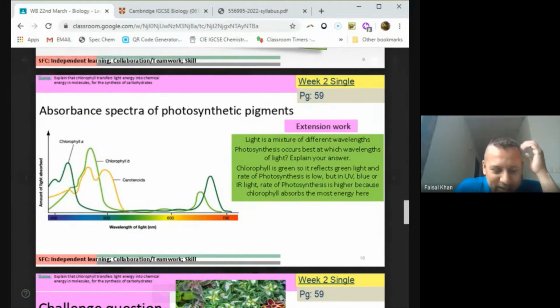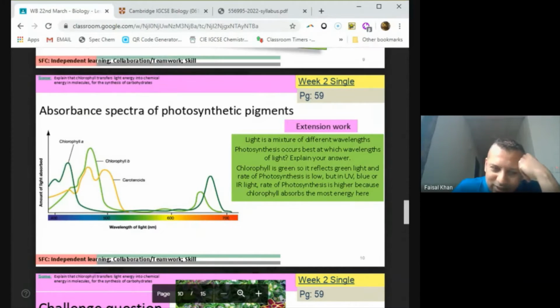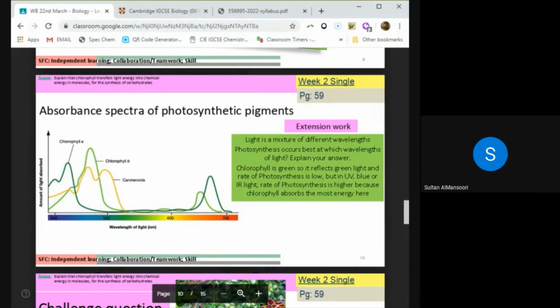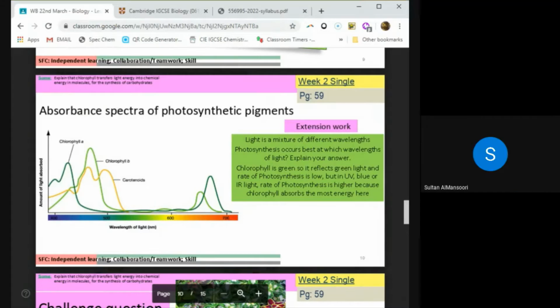All right. Okay. So light is made of a number of wavelengths. White light is made of different colors. Okay, right. So each of those colors has a property. And it all depends on how, because I know you don't do physics, do you? I do physics.